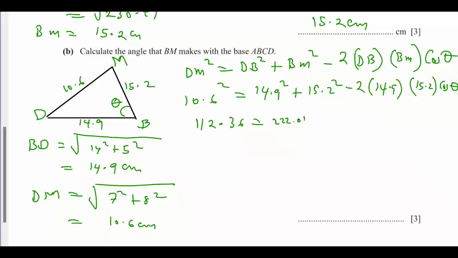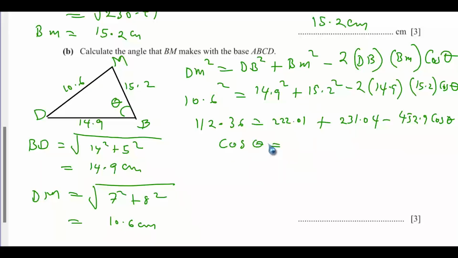Then plus this will give you 231.04, then minus 2 times 14.9 times 15.2 will give you minus 452.9 then cos theta.